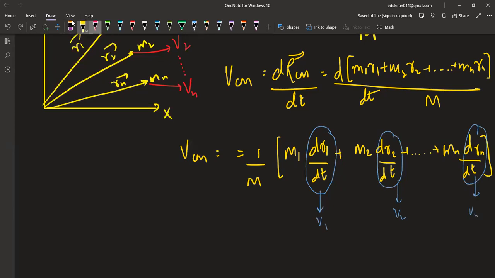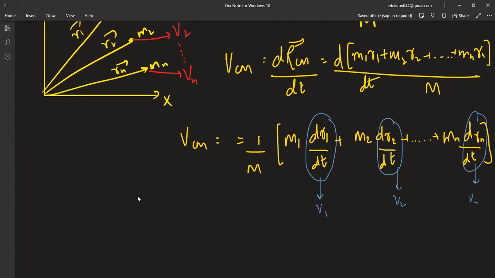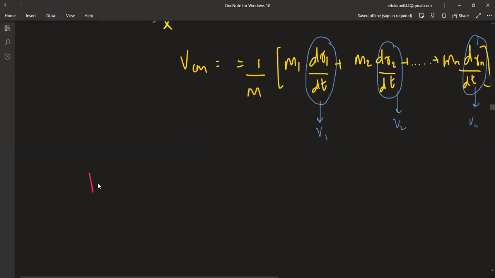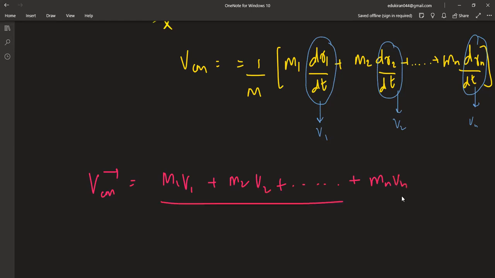So what is the final formula? V center of mass becomes m1 v1 plus m2 v2 up till mn vn, divided by m1 plus m2 up till mn, which is the total mass m.